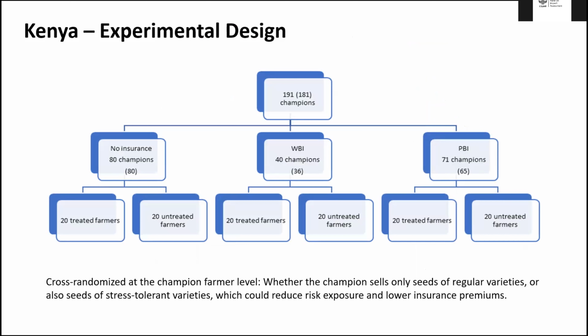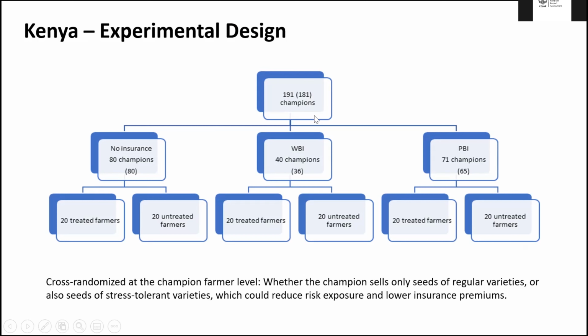Stress-tolerant varieties, and in this case, we're really focusing on drought-tolerant varieties. These reduce farmers' exposure to risk. And so, if these varieties are doing what they're supposed to be doing, they will lower risk exposure, lower potential insurance payouts, and thereby could translate into lower insurance premiums. So that was an important component of the design for the Kenya study.